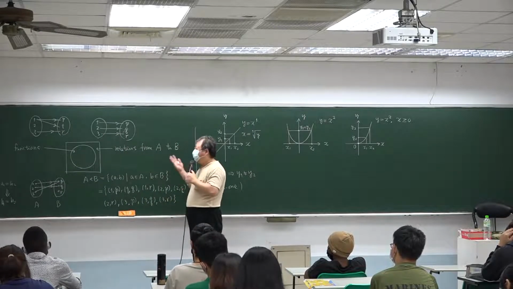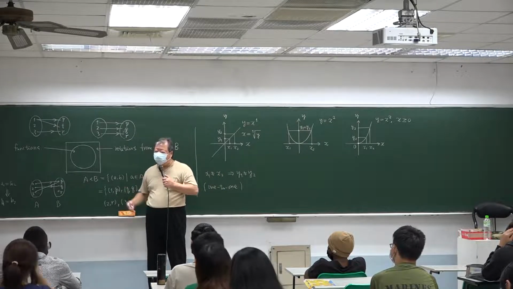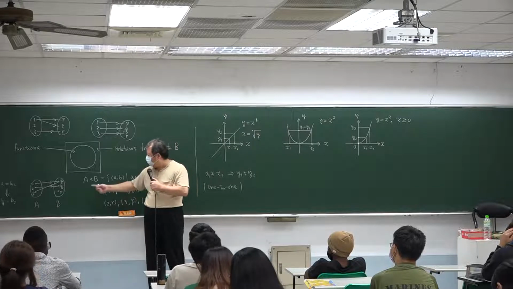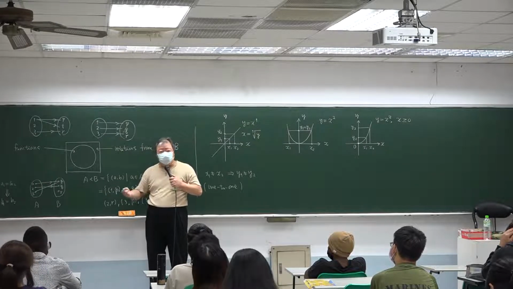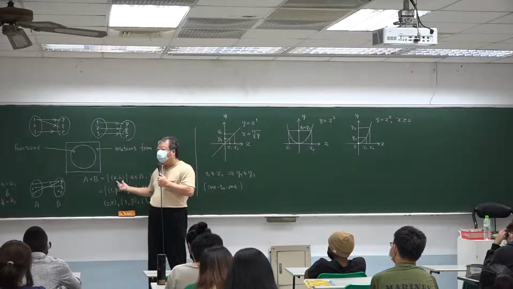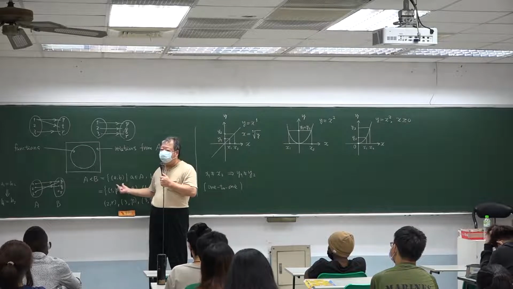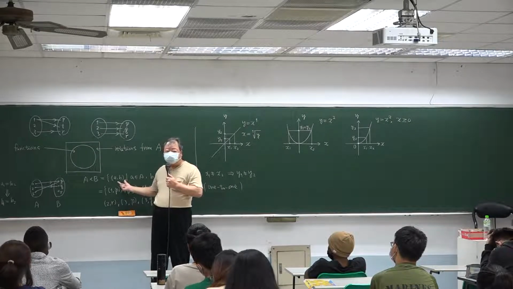From the very beginning, a set is a collection of some objects, then 2 sets, and a relation between their elements. So we define this notation, ordered pairs.